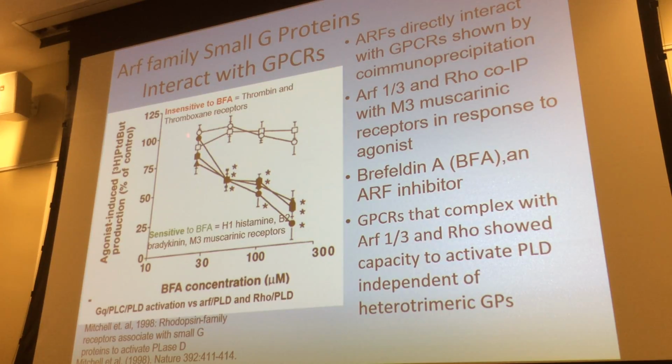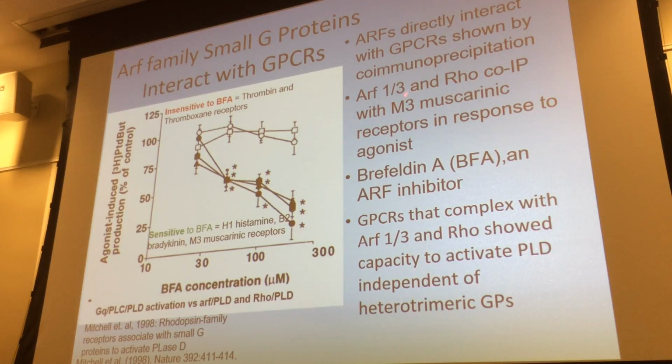Yes, so for these, ARF must not be involved, because the phospholipase D activity is not reduced. But for these, it gives you the idea that ARF must be really critical to that phospholipase D activity. And it's not going to be phospholipase C, because that doesn't leave the phosphate there to be the receptor for this radioactive butanol.